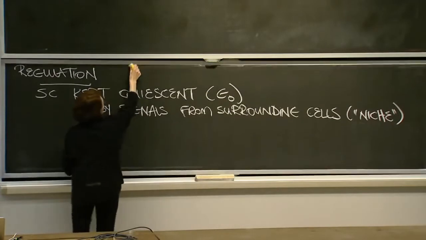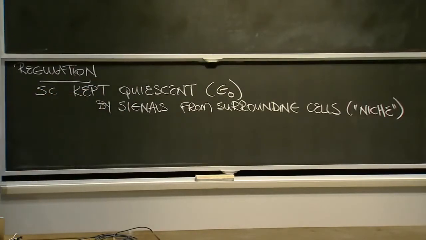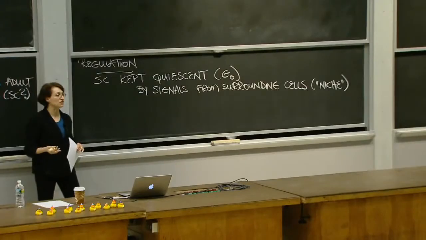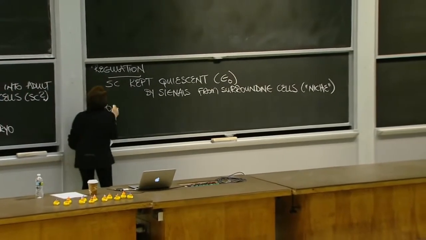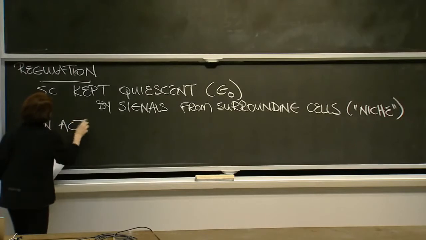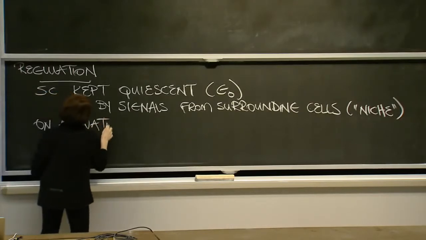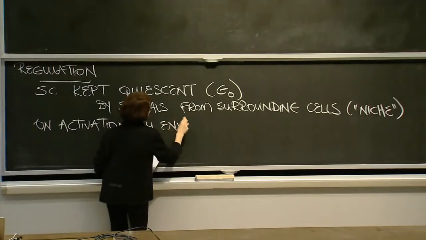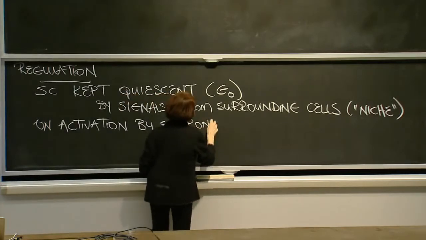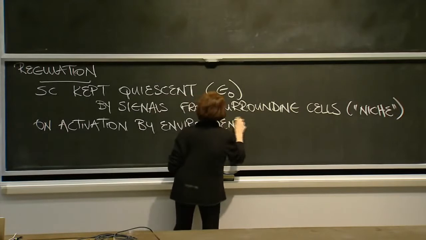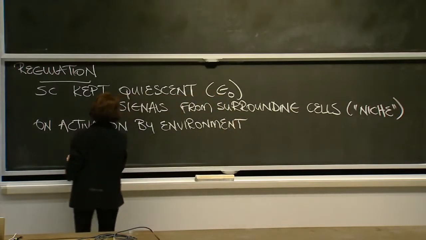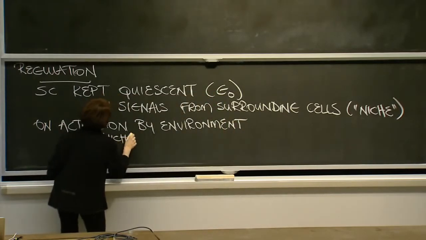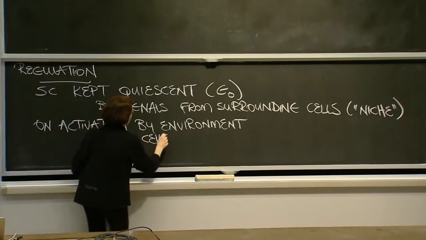On some kind of activation, you cut yourself, your organ normally needs repair, things change. So on activation by some kind of environmental input, local or less local, the niche cells induce the stem cells to divide.